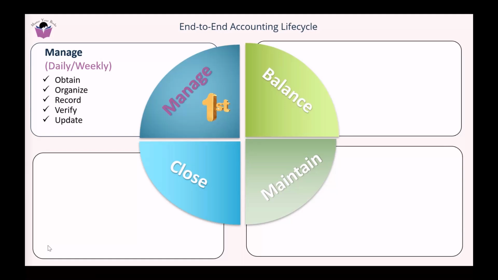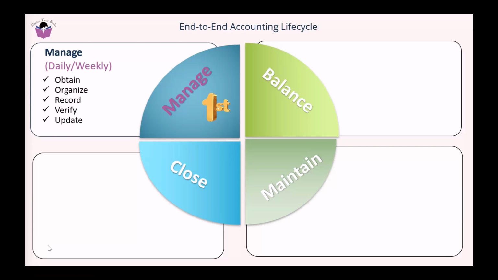But essentially, you're obtaining all of the financial data, you're organizing this data, you're recording this data. Once everything is in the books, and hopefully, again, you're using accounting software to do this faster and smarter and with more automated processes, you need to go back and look at all this information, usually on a monthly basis, verify everything's there, and then maybe do some updates based on additional information received for that time period.